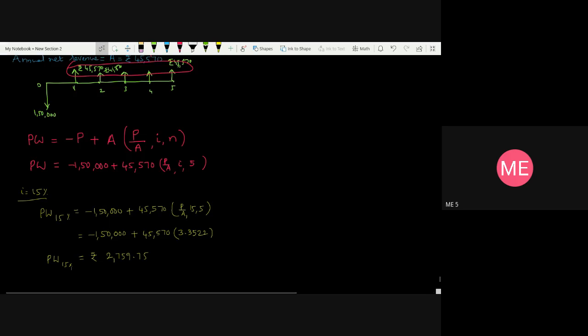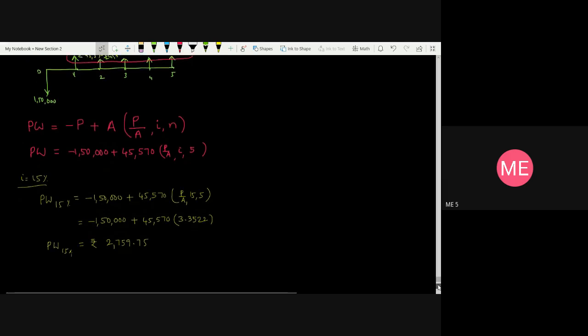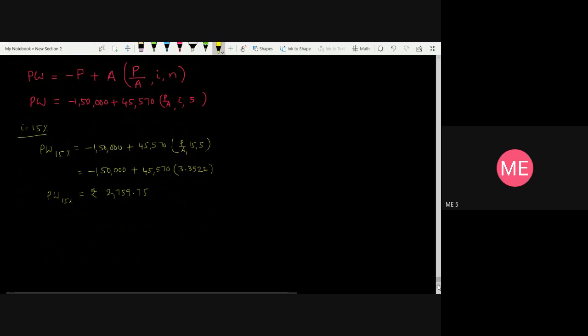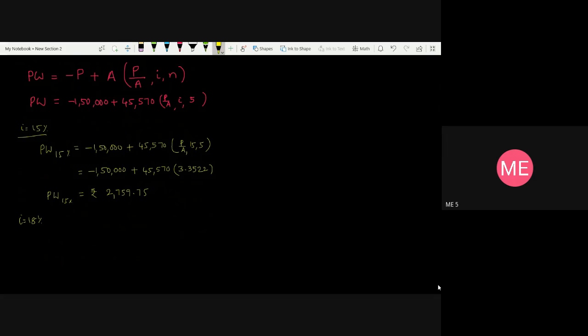Similarly, if I go for the present worth value for I equal to 18%, because 2,750 is very near. For this, present worth at 18% is equal to, from the present worth equation, minus 1,50,000 plus 45,570 into P by A comma 18 comma 5.